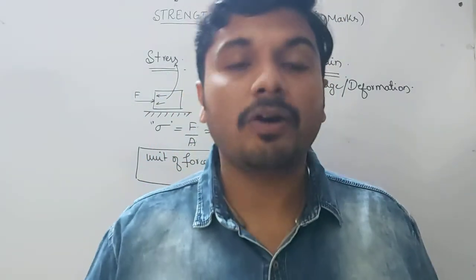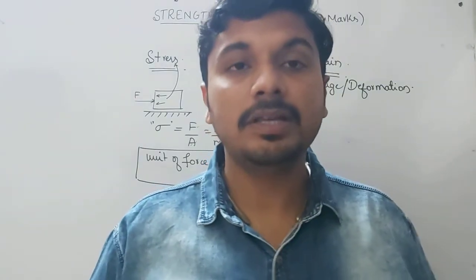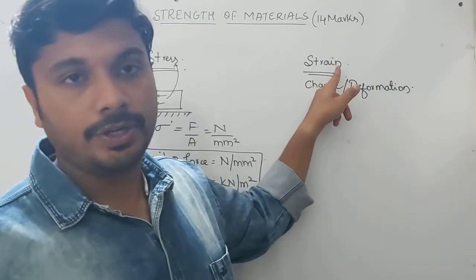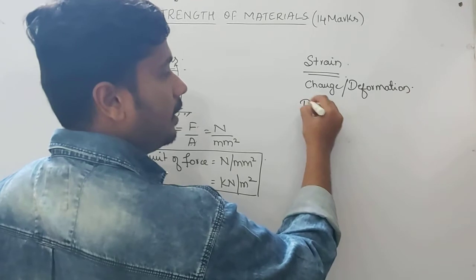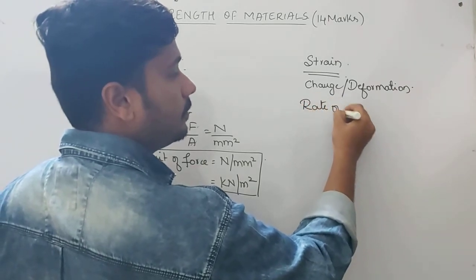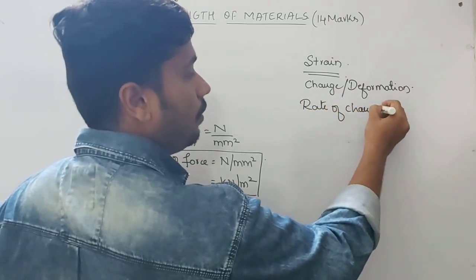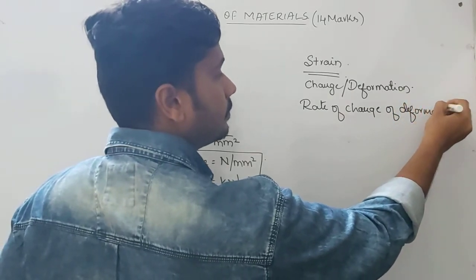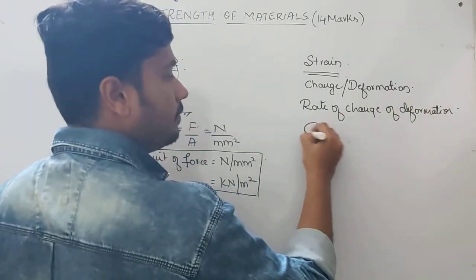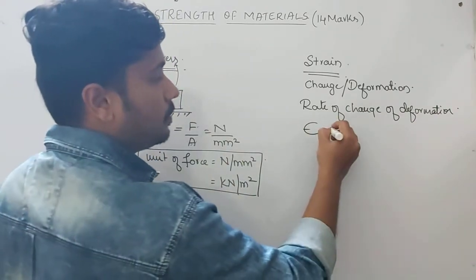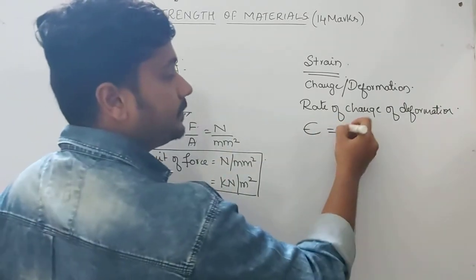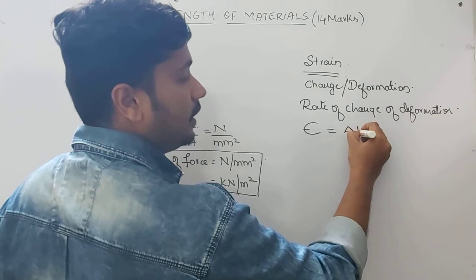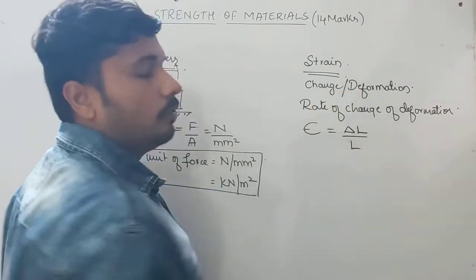That bend, or whatever crush happens, is nothing but the strain. So that is nothing but rate of change of deformation. That is given by epsilon. Epsilon is nothing but change in length divided by the original length.